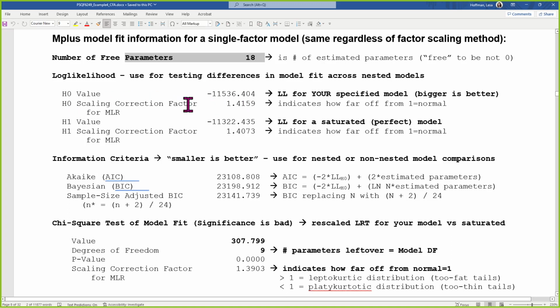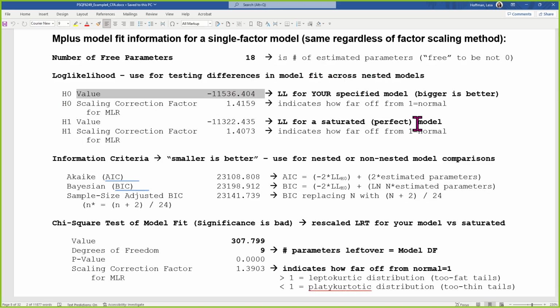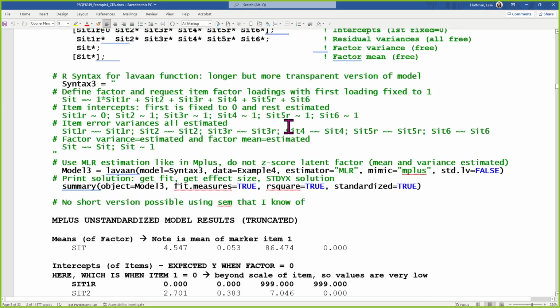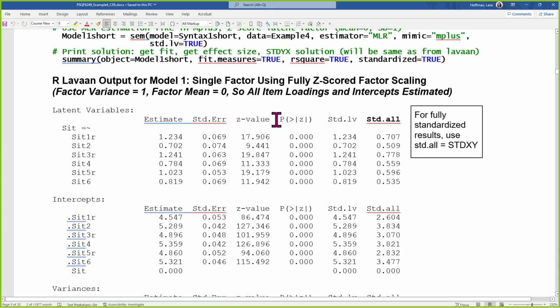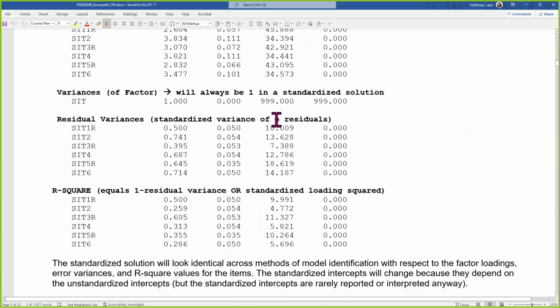And let's see, H0 of negative 11,000 in some, is that good or bad? Trick question. I don't know yet. It doesn't mean anything. It only has meaning relative to some other model. So yeah, and so in the solution, thank you for reminding me we should probably look at that. In the solution, let's go to the standardized solution because that's the easiest to work with.